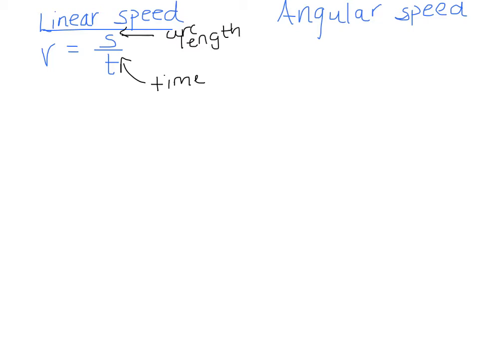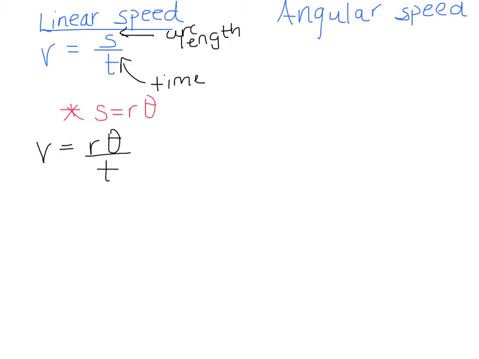And remember, if you don't have S, you can always find it by doing R times theta in radians. So if you wanted to rewrite that, that's how it would look.